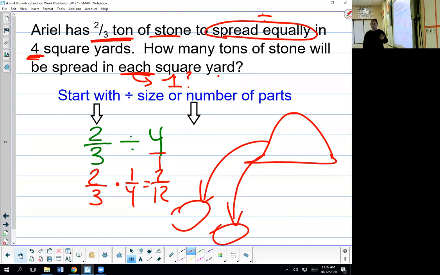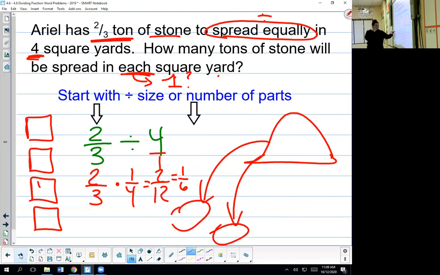So just make sure that makes sense to you. So you get 1/6, but here's why. Here's a yard, here's a yard, here's a yard, and here's a yard. 1/6 plus 1/6 plus 1/6 plus 1/6 gives me 4/6, which is 2/3. That's why it works.